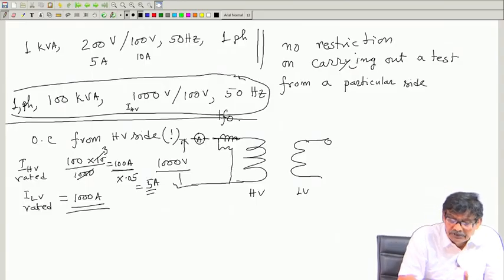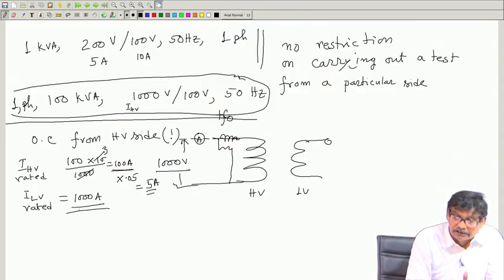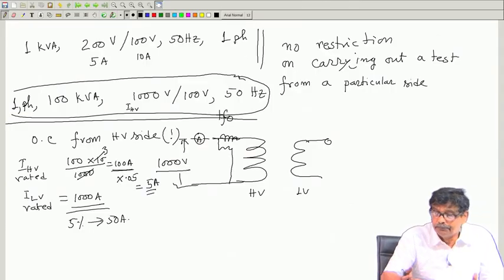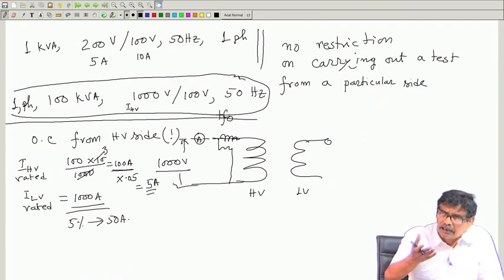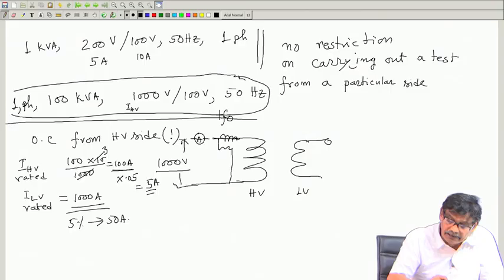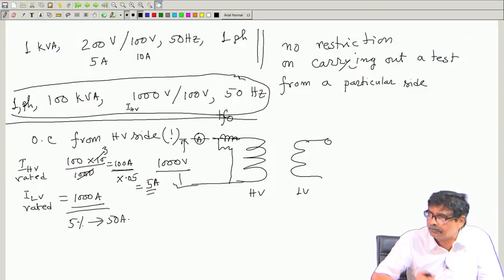What will be the order of the no load current? 1000 into 0.05, say 5% of this one. How much is it? 50 for this particular transformer. So, 5% of this is 50 ampere. Okay, 50 ampere is a large current, but the voltage is not high. So, I can use CT, PT, or ammeters for measuring 50 ampere, which are available, do not worry.